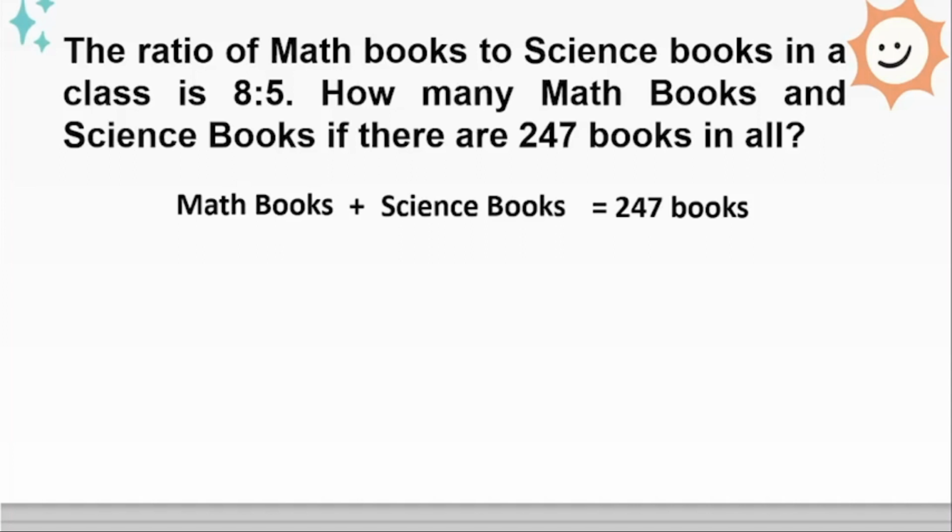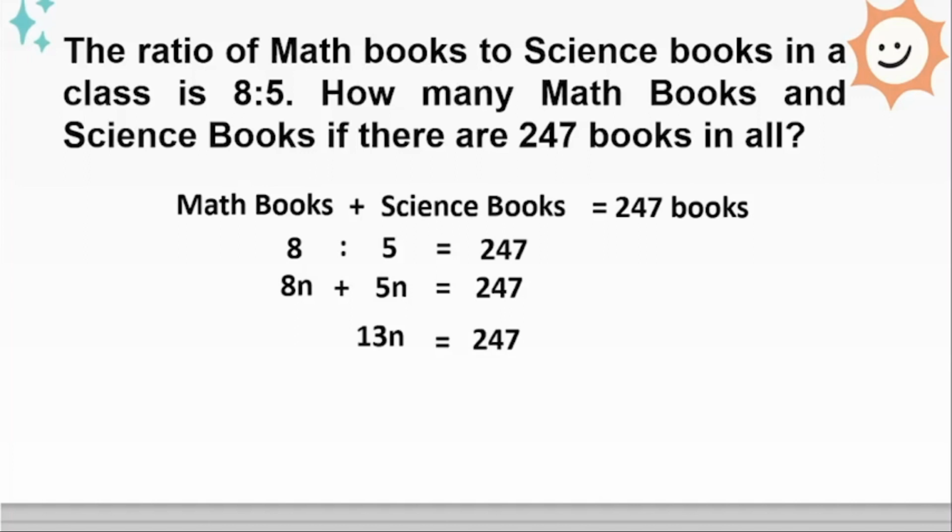So the ratio of math books to science books based on the given is 8 to 5. To find the number of math books and science books, we can write 8n plus 5n equals 247. Then we add 8n plus 5n, that is 13n, equals 247.